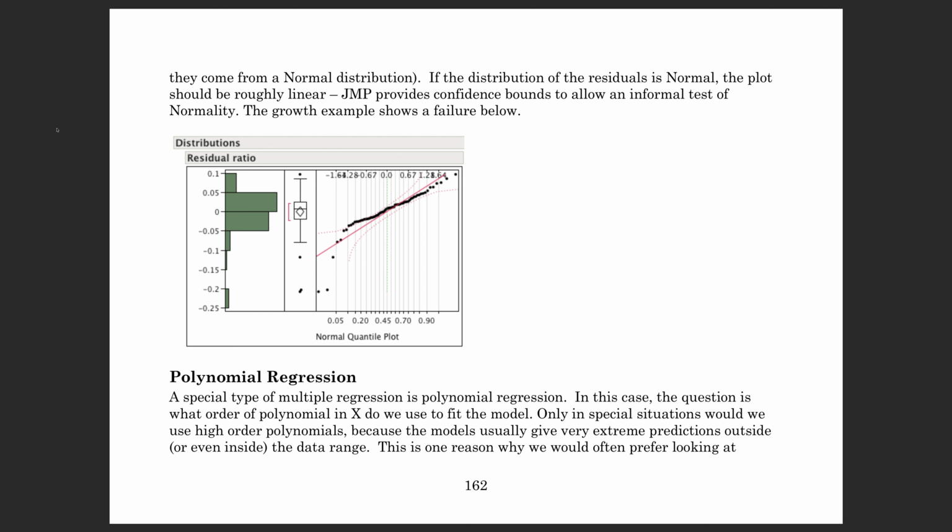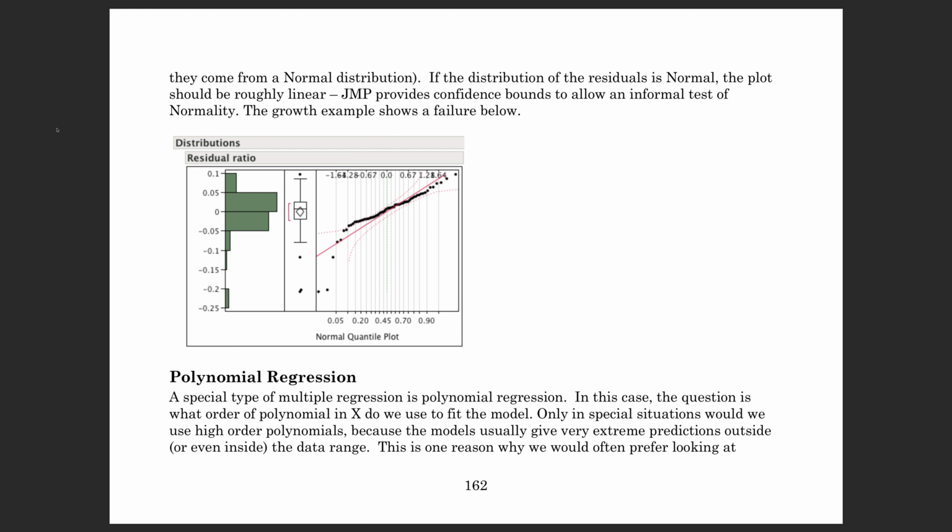So if you remember in the growth one, when we plotted the residuals, we could see they had a very strange distribution. What we're expecting is that if the distribution of the residuals is normal, we should have our data points lying along that red diagonal.